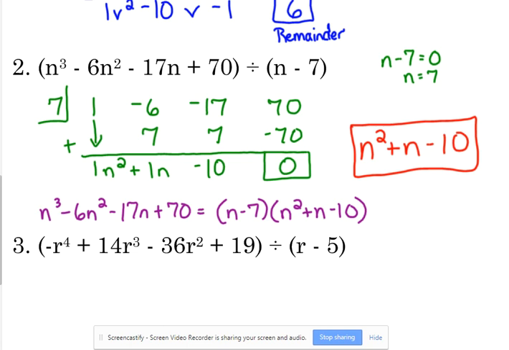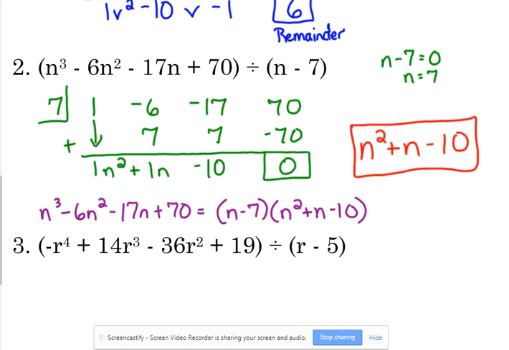It's just like dividing with regular numbers. If I divide 18 by 6, I get 3. So that means 6 times 3 is 18. So when I divide this polynomial by n minus 7 and I get this answer, it means n minus 7 times my answer gives me the polynomial.